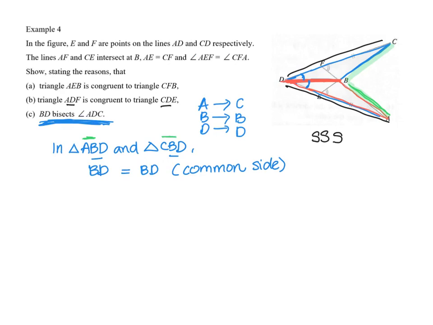I already proved it in my previous triangle in part A. AB and CB are actually equal. So I know that length is equal. AB is equal to CB. This is shown in part A.